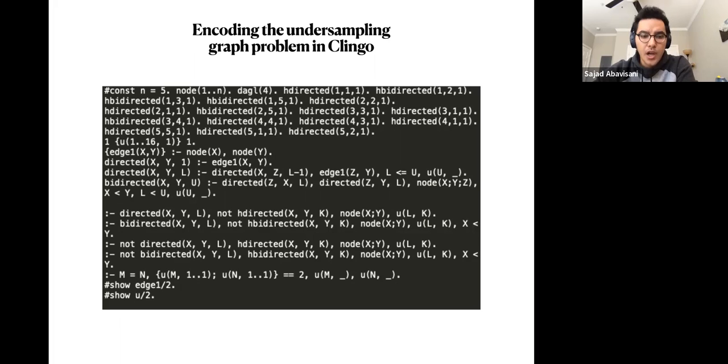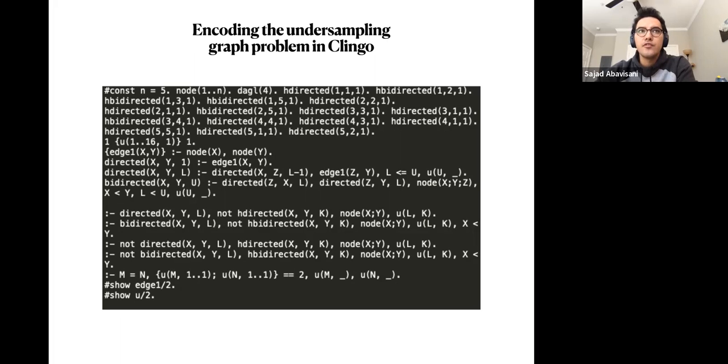And the last 4 lines are just the constraints that if we have a directed path in our ground truth graph, we should have it in our undersampled graph as well. Same for the bidirected edges.